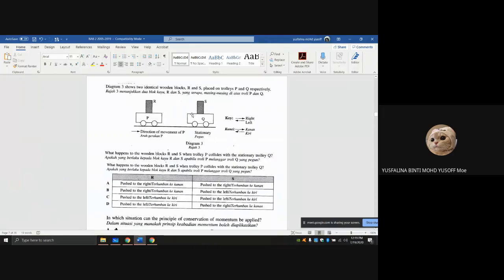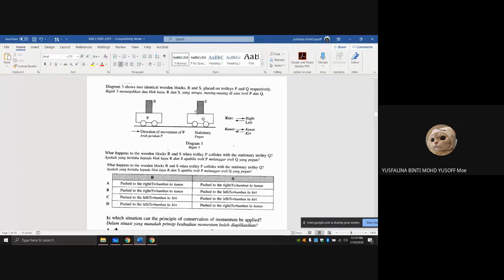Okay, the answer is B. So this one, the direction of movement of P is actually inertia. When P is going to the right, after it hits Q, it will stop, but it keeps insisting to move, so it moves to the right.